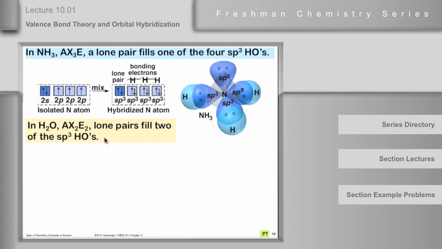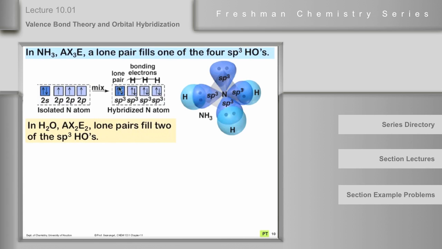Now in the water molecule, we have AX2E2. That's 4 electron groups. So we will use sp3 hybrid orbitals on the oxygen to account for the 4 electron groups, right? 4 electron groups, 2 X's, 2 E's. So lone pairs will fill 2 of the hybrid orbitals in this case.